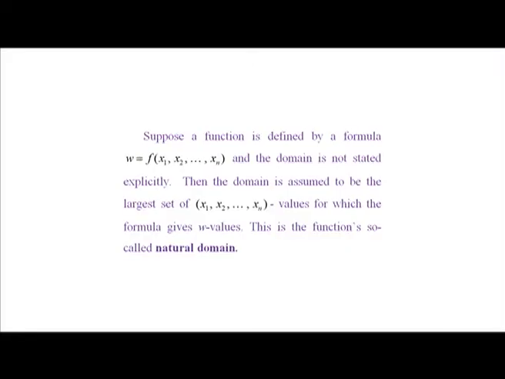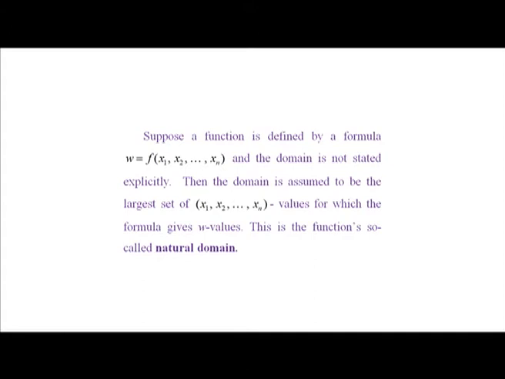Now, we use this idea in the case of a function of n variables. Suppose a function is defined by a formula w = f(x1, x2, etc., xn) and the domain is not stated explicitly. Then the domain is assumed to be the largest set of n-tuples (x1, x2, etc., xn) for which the formula gives w values.